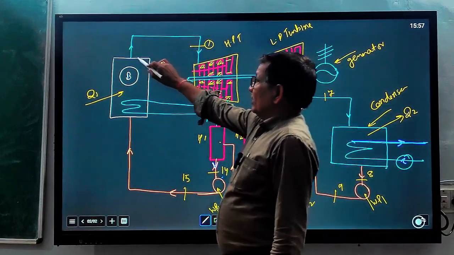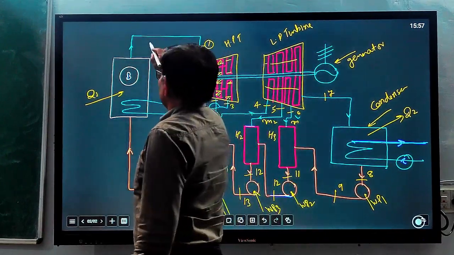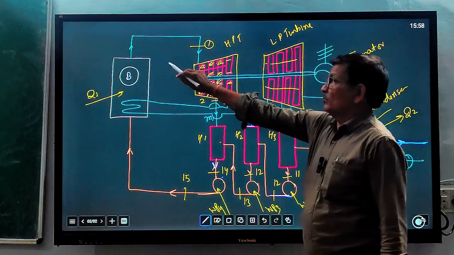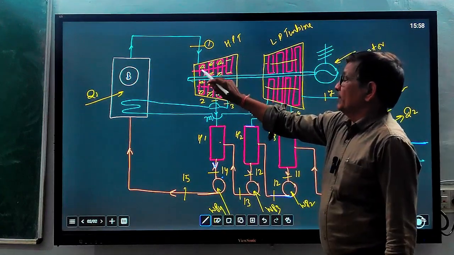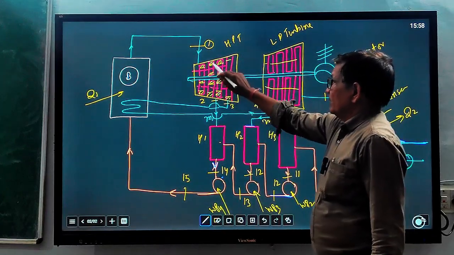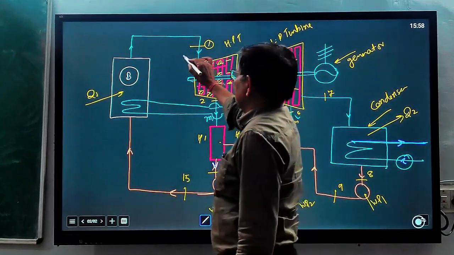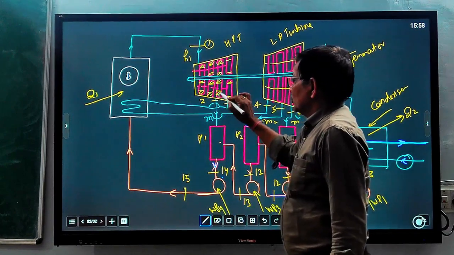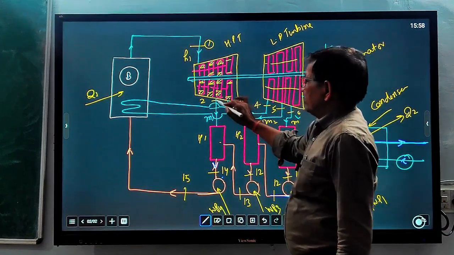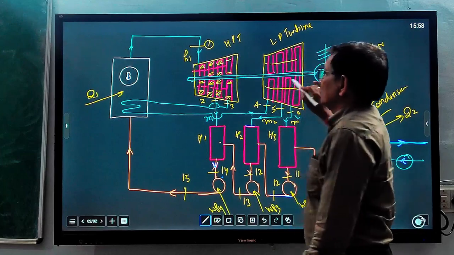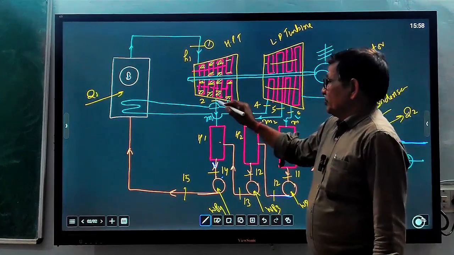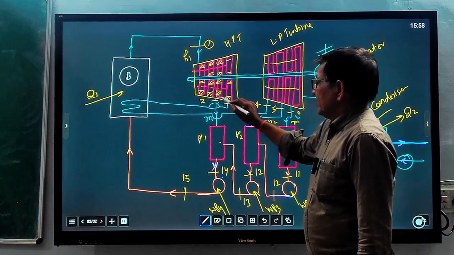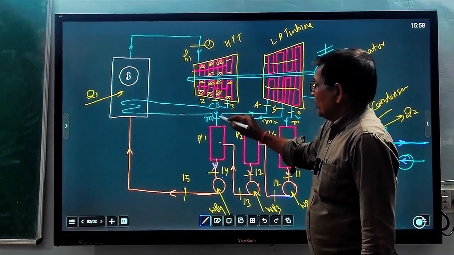Starting from the boiler, the high temperature superheated steam will be supplied to the high pressure turbine. Here steam enters at state 1 with enthalpy h1, and expands up to state 2 at lower temperature, because as it expands through the turbine blades, pressure and temperature both drop. At state 2 the enthalpy will be h2.